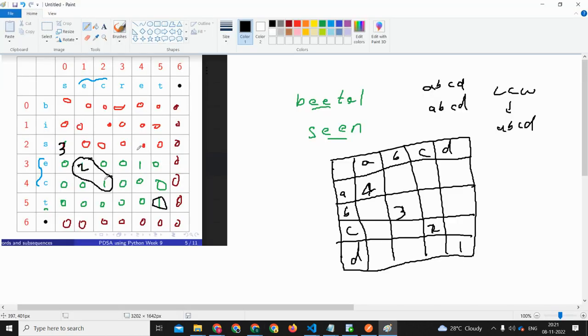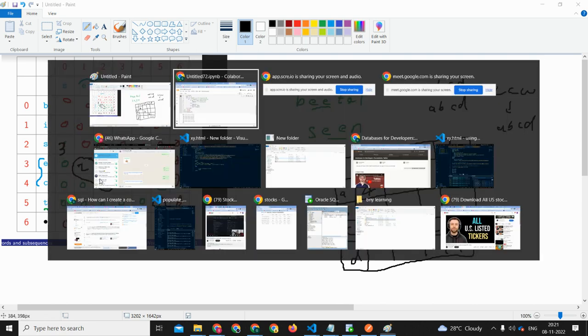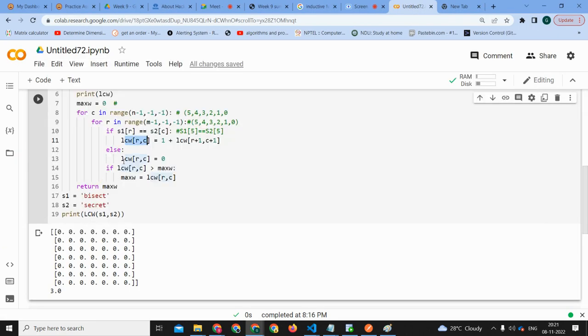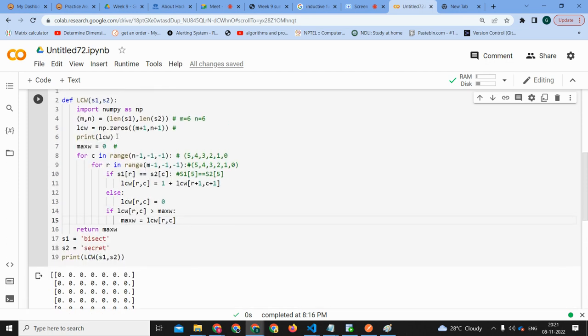You got the point, right? At this point, if it is greater than the previous max, then set max W equal to LCW of that one. That's all. That's the whole code. Just like how Steve and I told, only the logic matters here.